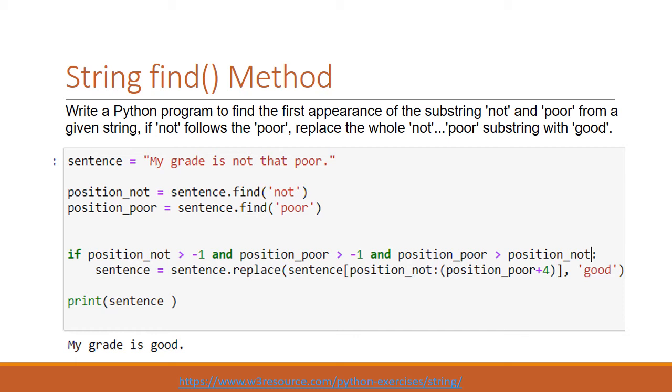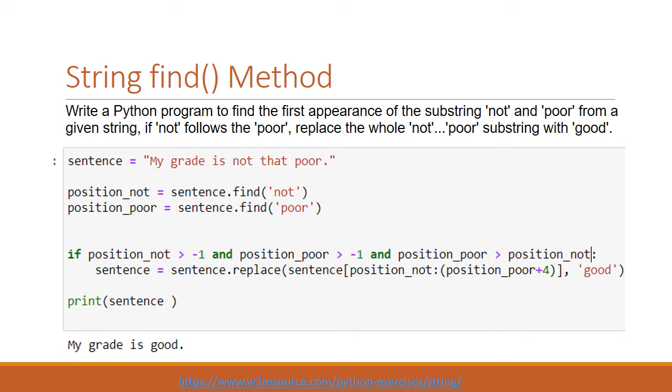Then it checks to make sure that poor appeared in the sentence. So it looks to make sure that position poor is greater than -1. And then lastly, it looks to make sure the position of poor is greater than the position of not. In other words, poor appeared after not in the string.